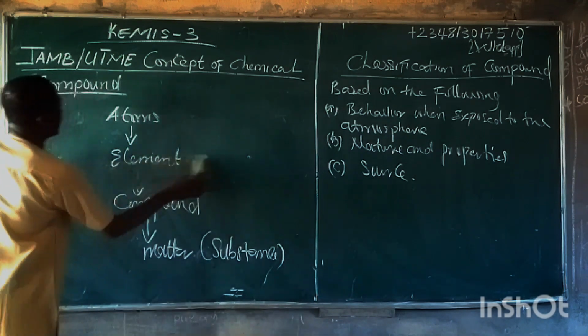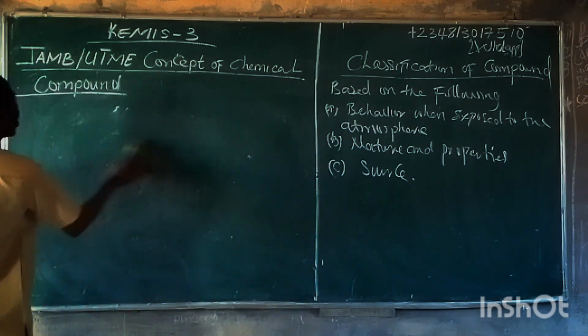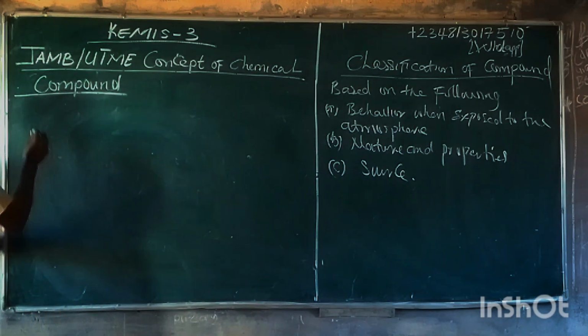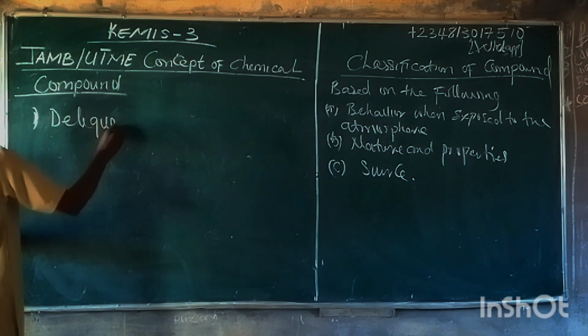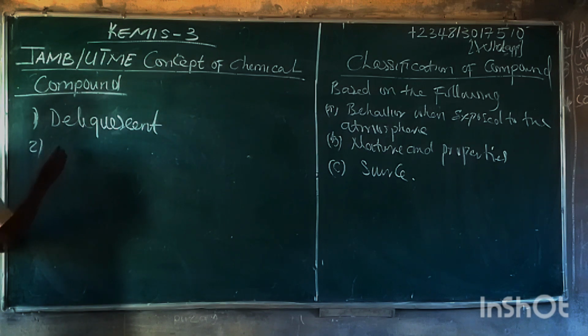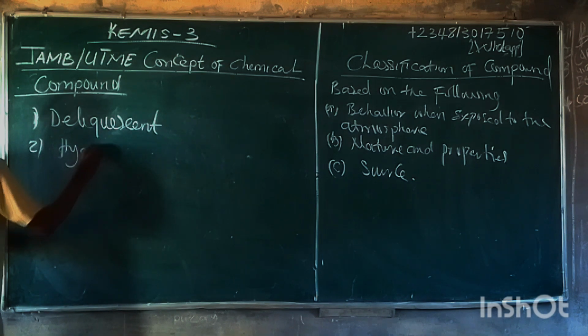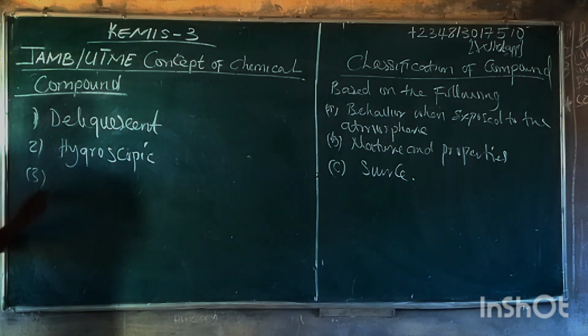Now we're going to take up the first one, based on the behavior of the compound when exposed to the atmosphere. Well, there are definite behavior characteristics of this compound when exposed to the atmosphere. Number one is deliquescent. Number two is hygroscopic. Number three is efflorescent.